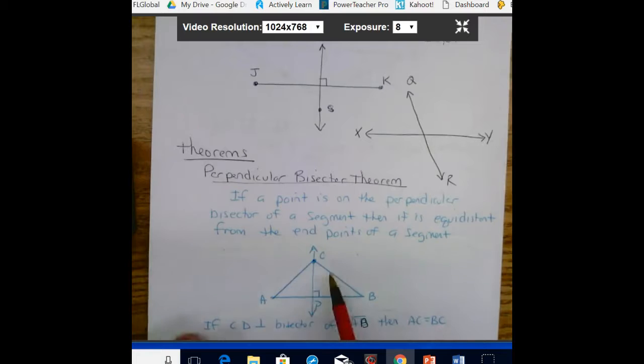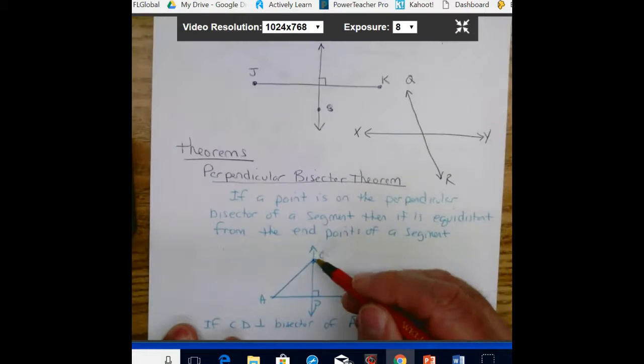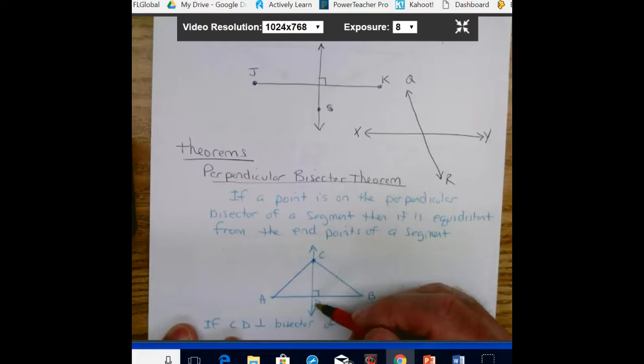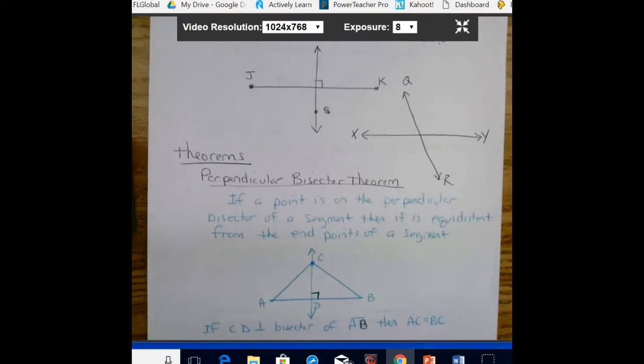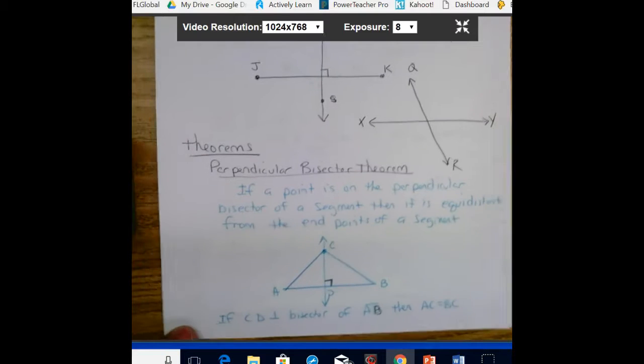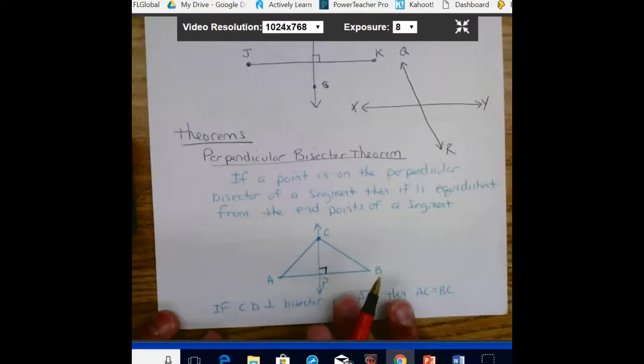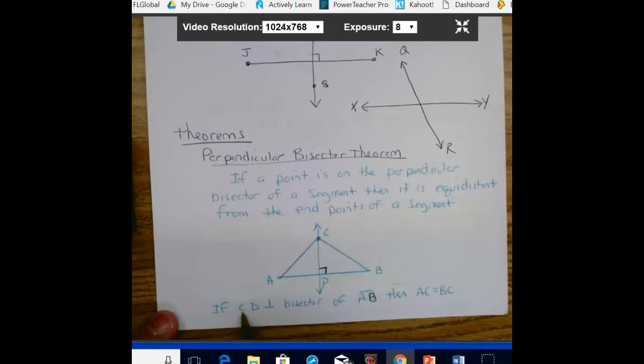So here we have this triangle, right? And we have this line CD running through it. We see that it's perpendicular, okay? And we can make some assumptions if this is the perpendicular bisector. So if CD is perpendicular to AB, this line is a perpendicular bisector of AB.